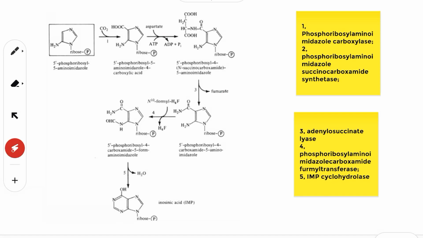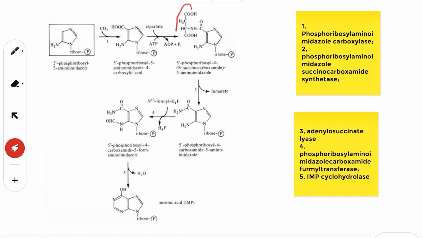This molecule then reacts with aspartate, and aspartate donates the amino group, but this donation of the amino group takes place in two reactions. First, the aspartate gets completely condensed on the carboxylic group over here, forming 5-phosphoribosyl 4-N-succinocarboxamide 5-amino imidazole, and then it is converted into 5-phosphoribosyl 4-carboxamide 5-amino imidazole by removal of fumarate.